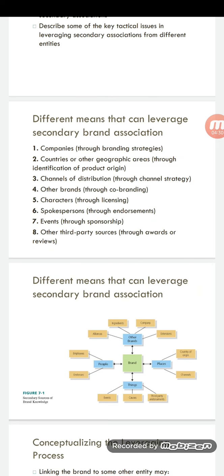When I talk about watches, can we think about German watches or Switzerland watches? Switzerland is also known for chocolates. So these are a few things which help us in creating a strong brand association.